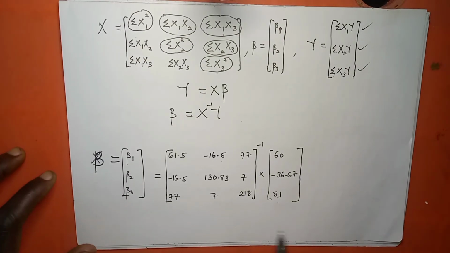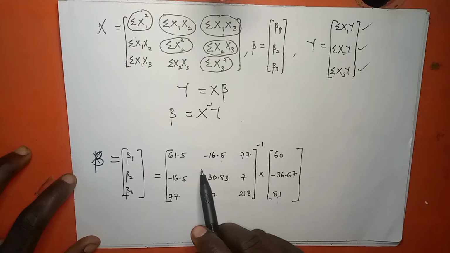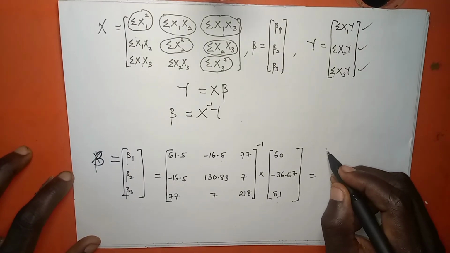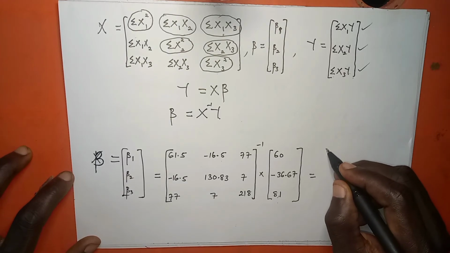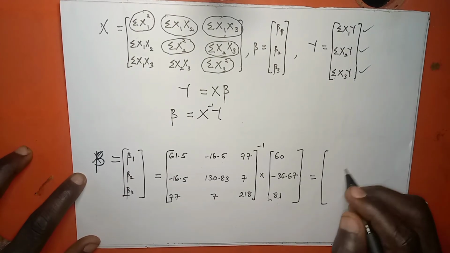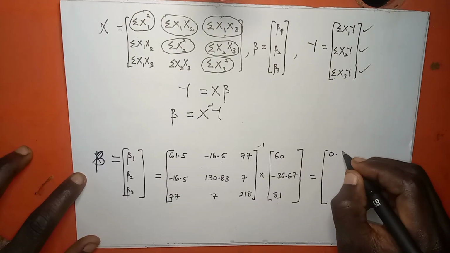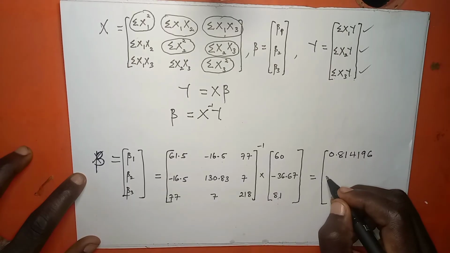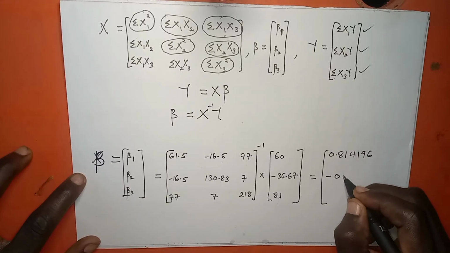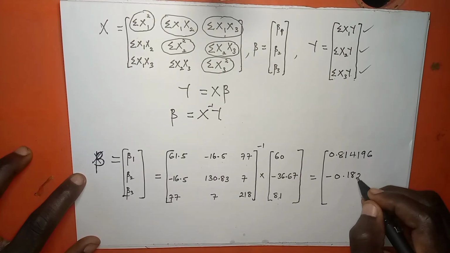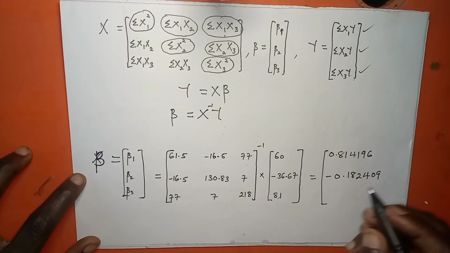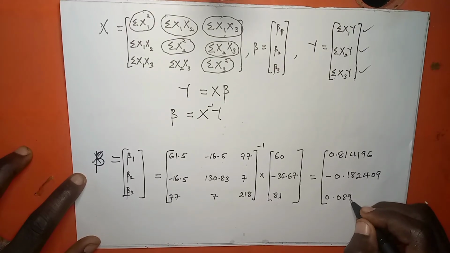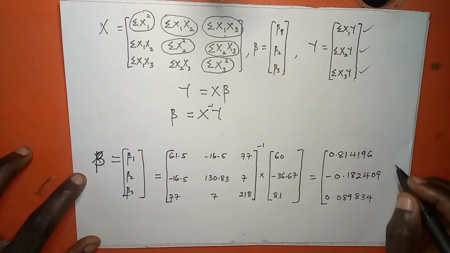If you use your calculator to find the inverse of this matrix, then multiply it by this, you are going to have exactly what I'm about to write here. This is going to give you a 3 by 1 matrix, which is 0.814196, minus 0.182409, 0.089834.